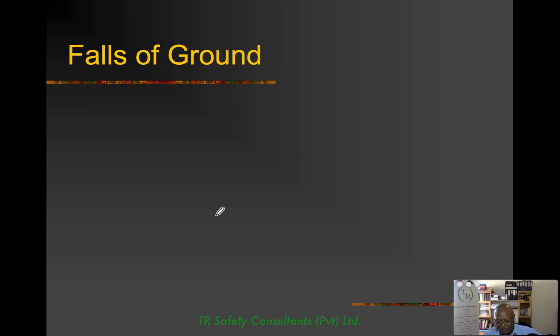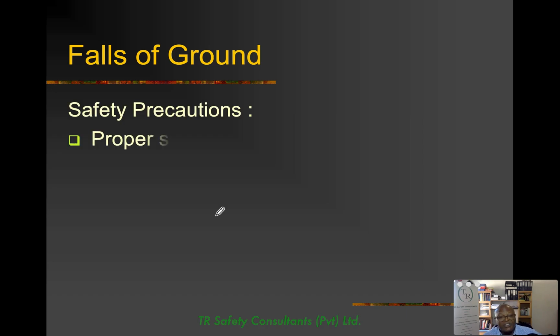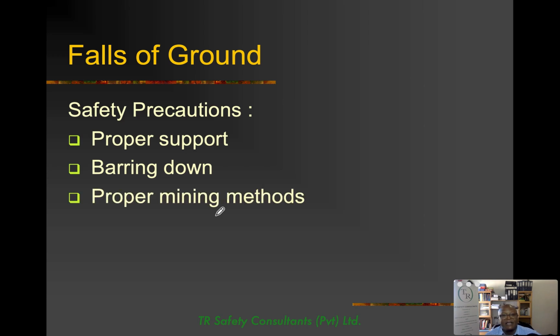Let's look at fall of ground. Safety precautions against fall of ground in coal mines involve using properly approved support, and continuous bearing down. We have also discussed in earlier installments what bearing down is, to remove the scaling. You can watch the coal mining video clip. You see people bearing down, removing scalings with a crowbar. Proper mining methods also assist in preventing fall of ground, because you don't want to be drilling and blasting within it.